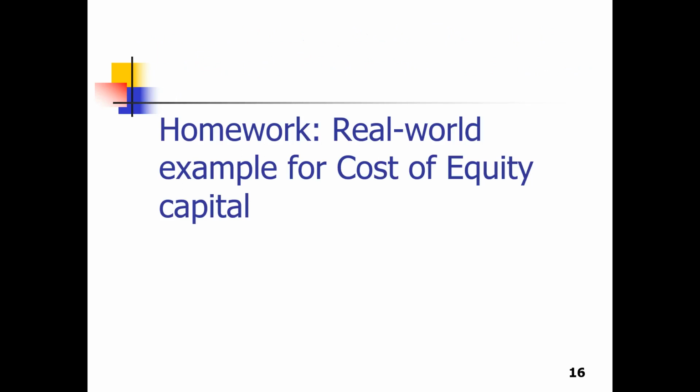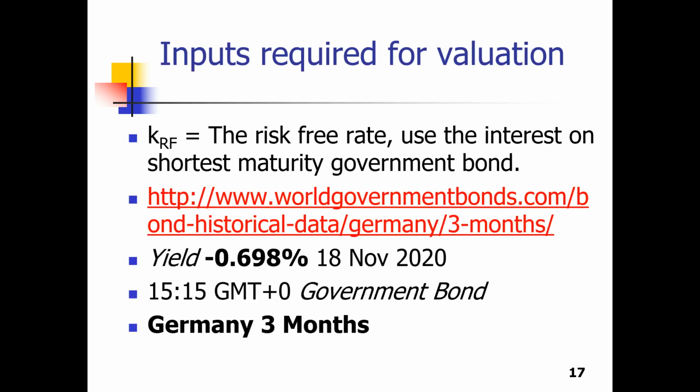Homework: a real-world example for cost of equity capital. Let's do it together. I've done it for the past, and I'm going to do it for SAP. It said KRF, or risk-free rate, not cost of equity, the risk-free rate.